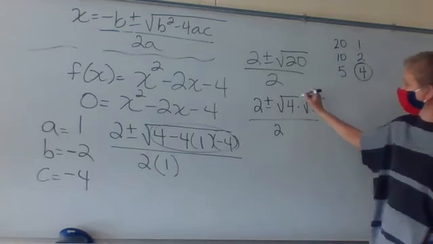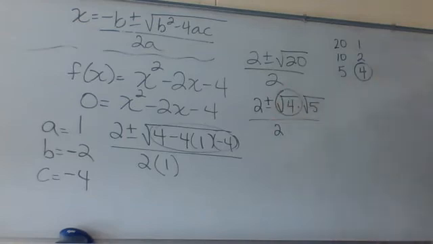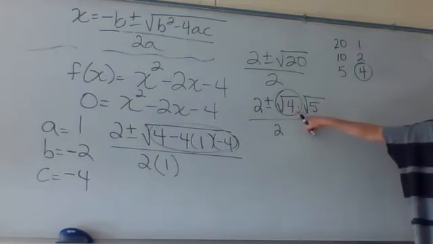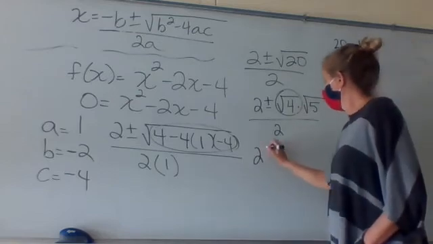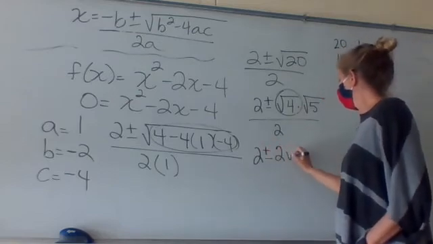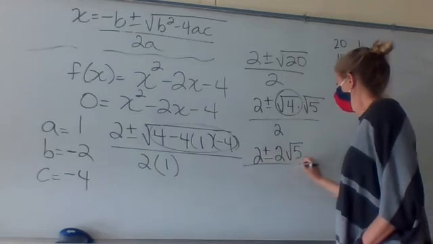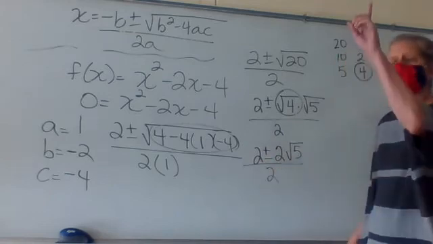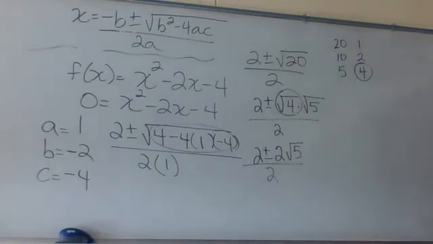So just like when we were practicing, now that you've made a perfect square right there, now you got to take the square root of it. What is the square root of 4? It's 2. So this is going to turn into a 2 now. So now I have 2 plus or minus 2 square roots of 5 over 2. Last thing.